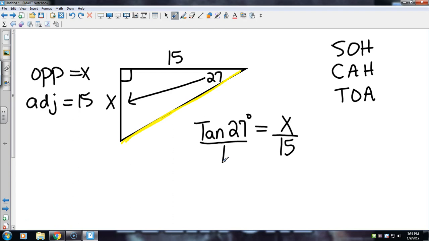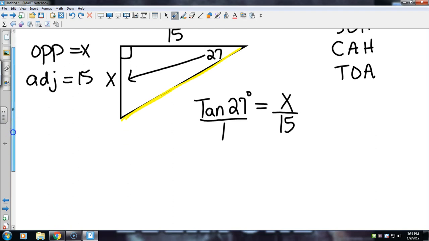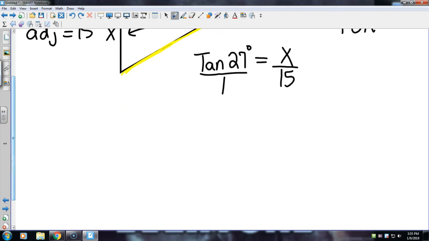Now, finding the tangent of 27, piece of cake. I just get on my calculator. I hit my tangent button, plug in 27, and that gives me a value of 0.5095, and it keeps going on. Before I erase my calculator, because I am cross multiplying, I'm going to go ahead and multiply that value by 15, and that gives me 7.64 and a bunch of other numbers.